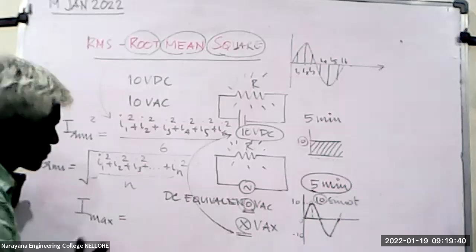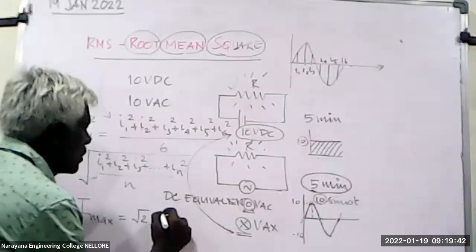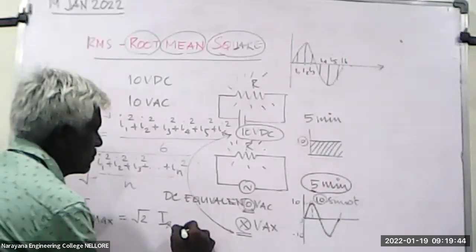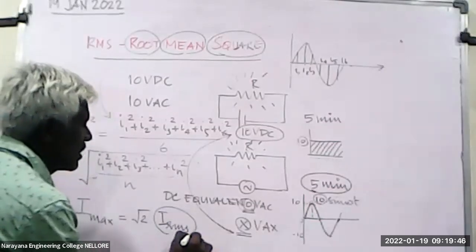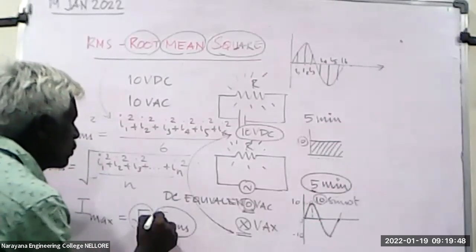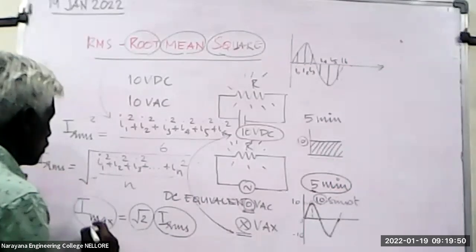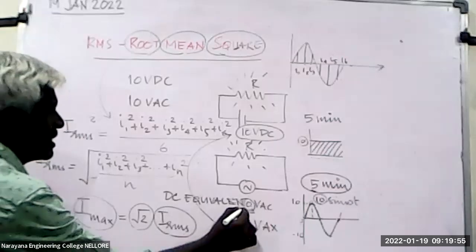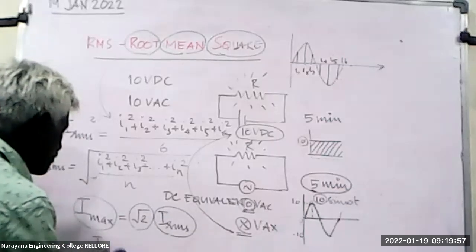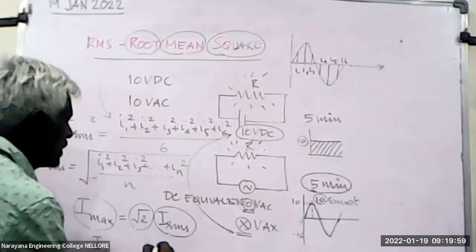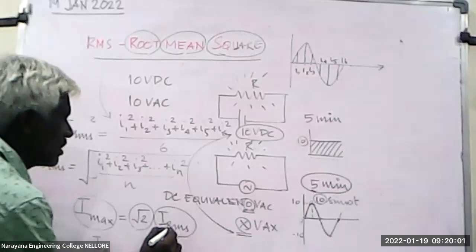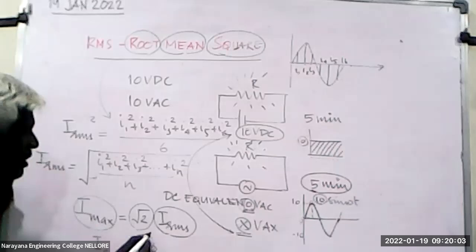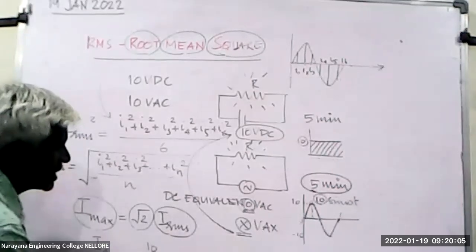When you multiply the RMS value by root 2, you get the maximum value. So the RMS value of current here is IRMS equal to 10 divided by root 2. When you want the RMS from the maximum value, you divide by root 2.